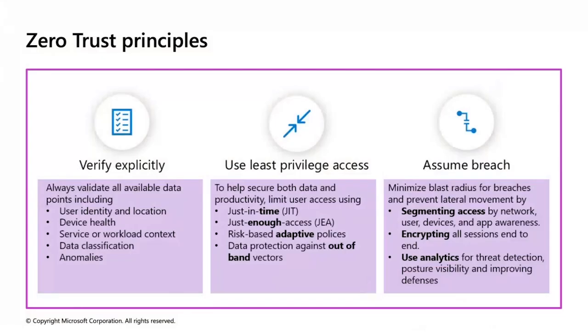Whether for identity, network, users, devices, or whatever fields we have in cloud, we will start using security solutions for all of these. And this will definitely reduce the blast radius of any kind of attack pattern.